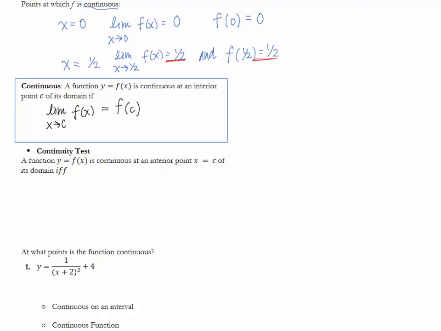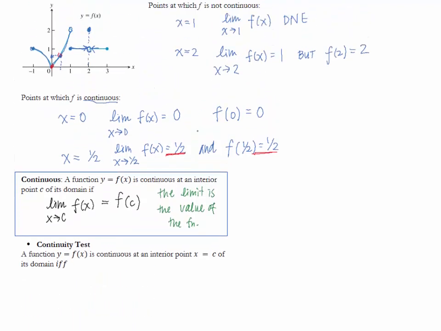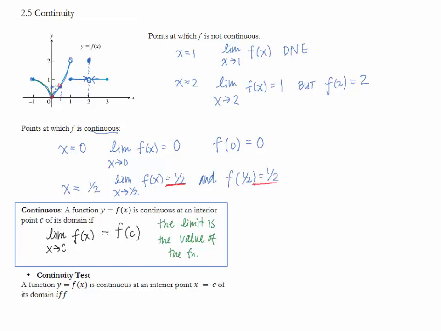In words, the limit is the same as the value of the function. Returning to our picture, anywhere the limit equals the value, the intention matches the reality, and we have a continuous function where we did not have to pick up our pencil. But any place where the limit doesn't exist, or where the limit and the value are not the same, we have a point of discontinuity.